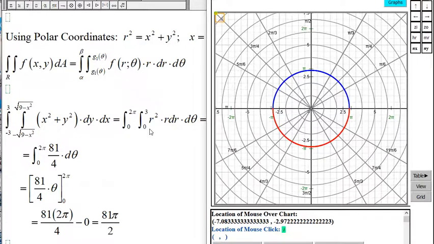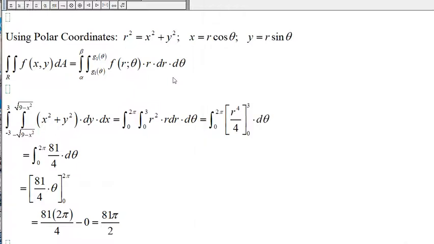So once again, the range for r will be this circle right here, a circle of radius 3. So that's why we go from 0 to 3. And then there's the entire circle, so we go from 0 to 2 pi. And now this becomes r to the third.